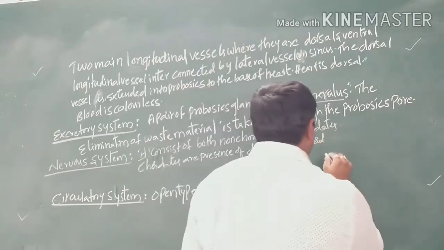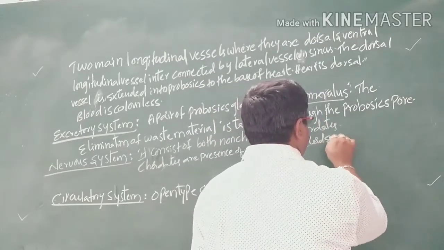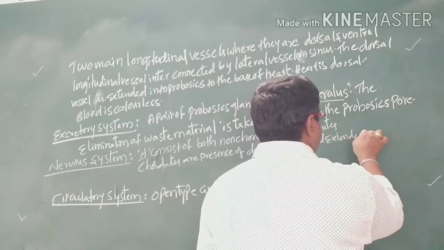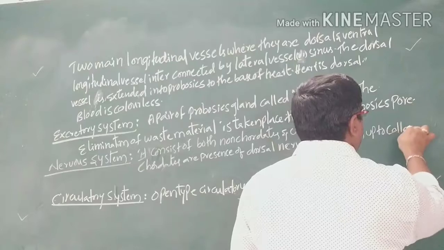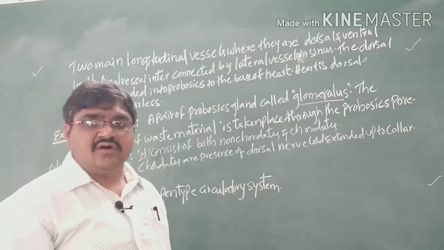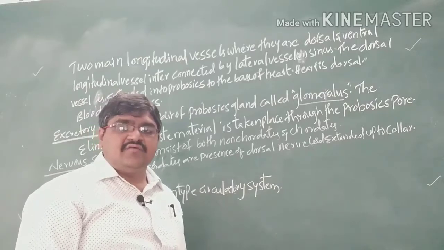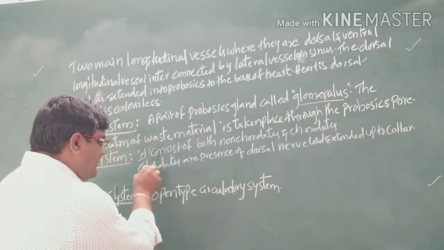The notochord is present, and the dorsal nerve cord extends up to the collar, while the dorsal nerve cord is present throughout in the chordates.